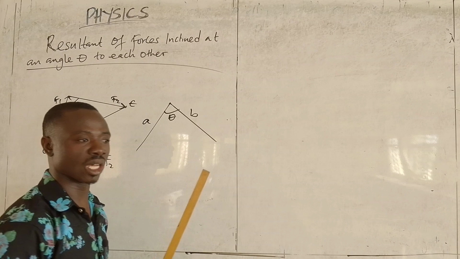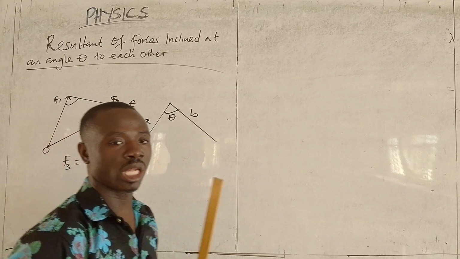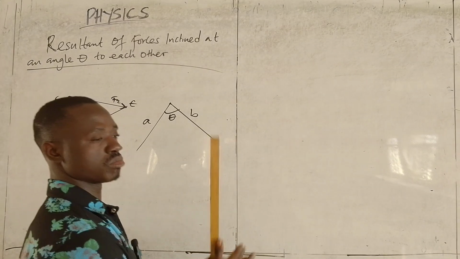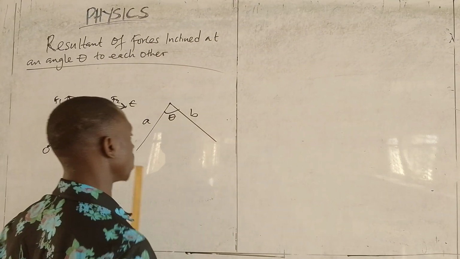I believe you know the meaning of an included angle. The included angle for two lines is the angle formed when those two lines meet, the angle formed between those two lines.